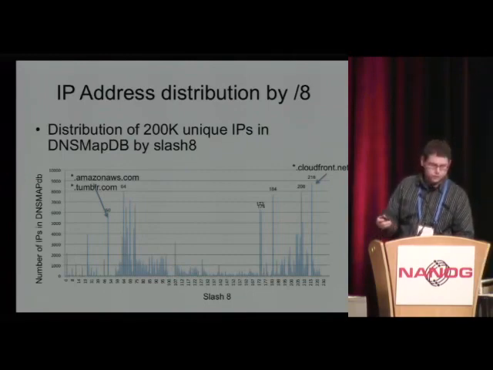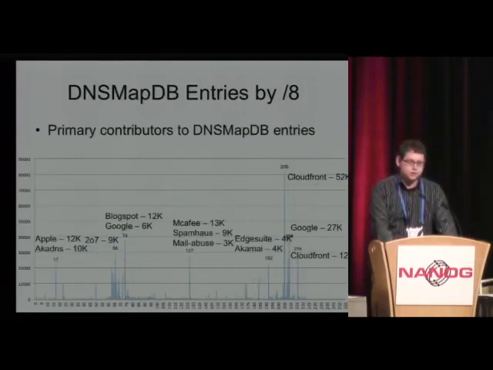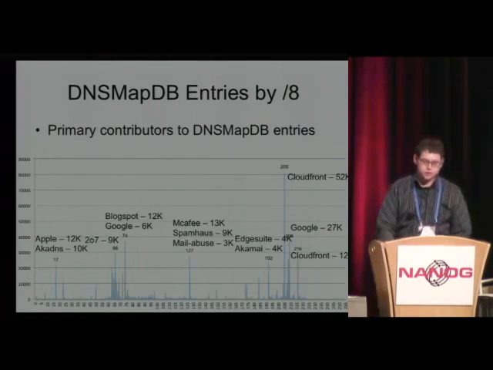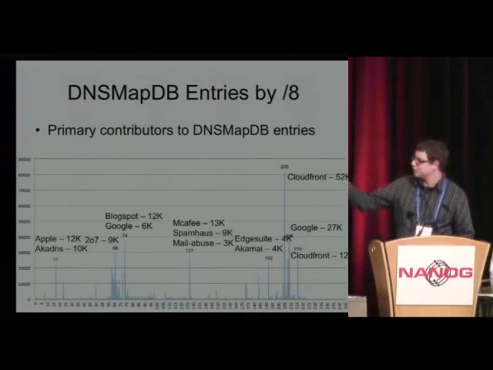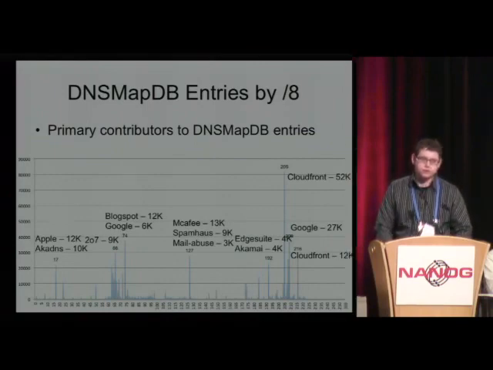And then the last thing we did was look at name IP pairs and class them into name and IP pairs. So across each /8, how many name IP mappings did it have in that /8? You can see that CloudFront is a major contributor with around 52,000 name IP mappings and a couple of other fairly well-known services. So that's all of the data that I have to go through.